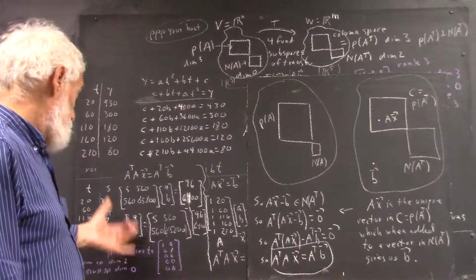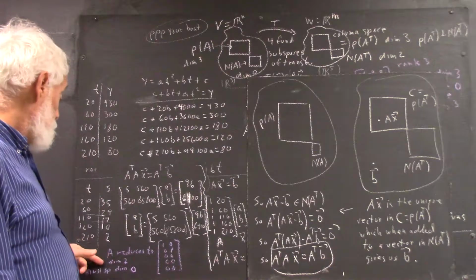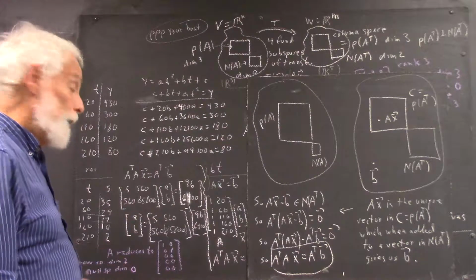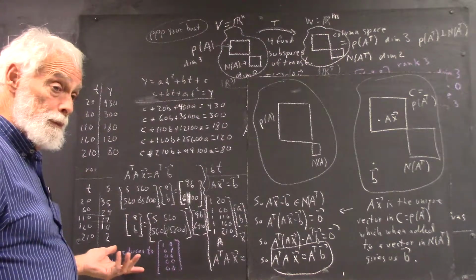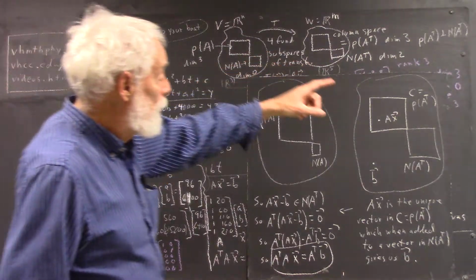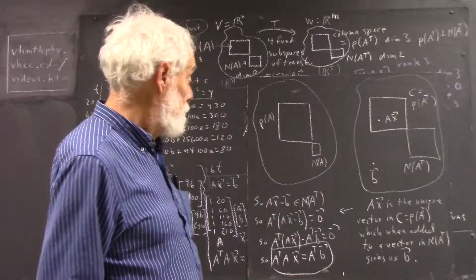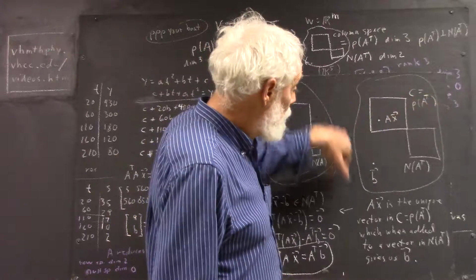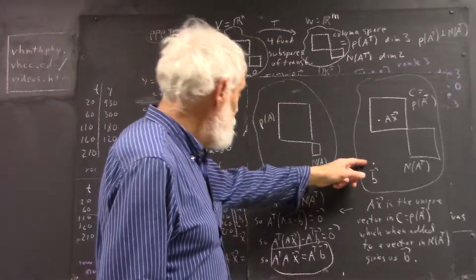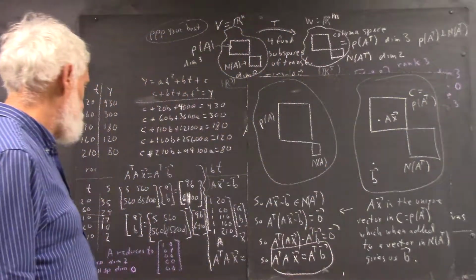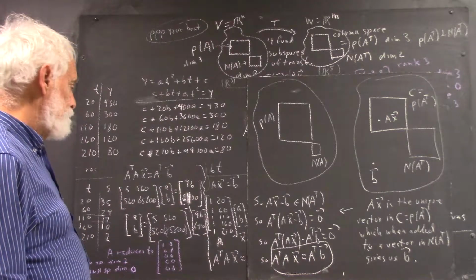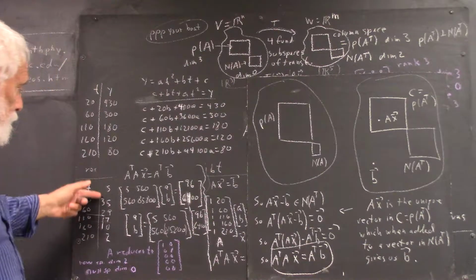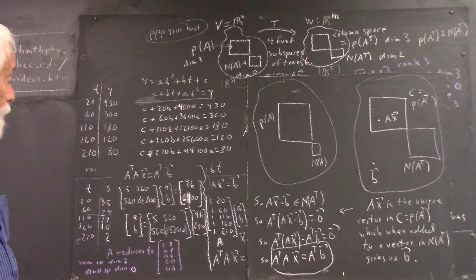Row space has dimension 2, null space has dimension 0. The column space has dimension 2. But this space over here has dimension 5. Your B vector over here is just a vector consisting of these numbers.